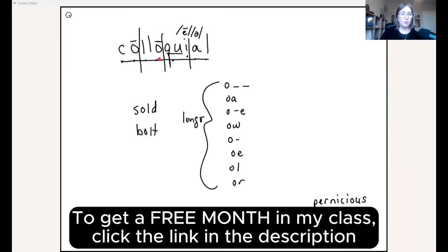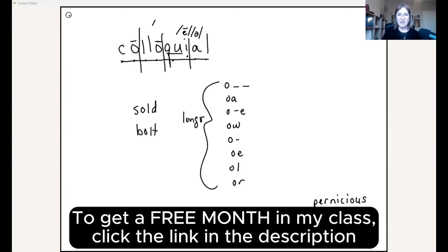So co-lo. Then we have qui, colloquy. Then we have ul, colloquial. This syllable is accented, so it's said stronger or with more emphasis. Colloquial.